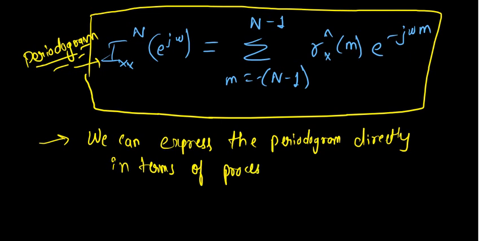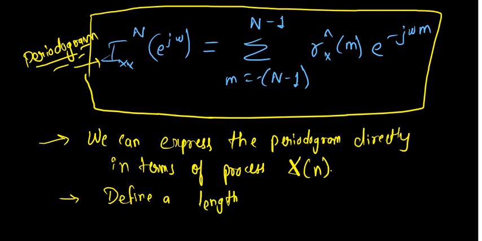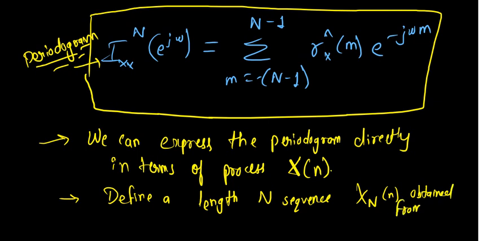How? Let's see. In order to express this, let's define a length n sequence, and let's denote it by xN of n, which is obtained from our original process x of n as follows.